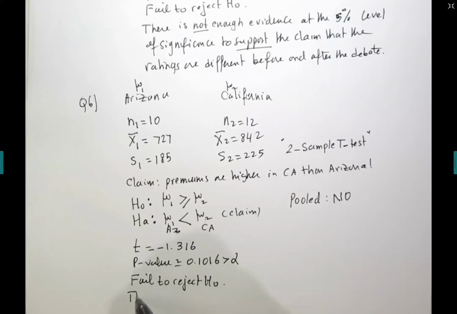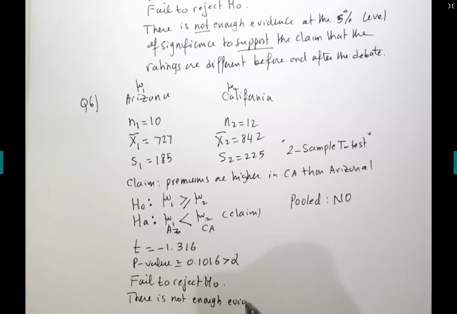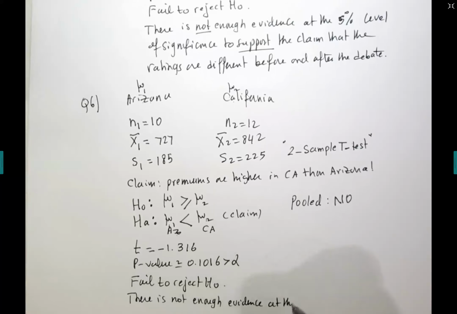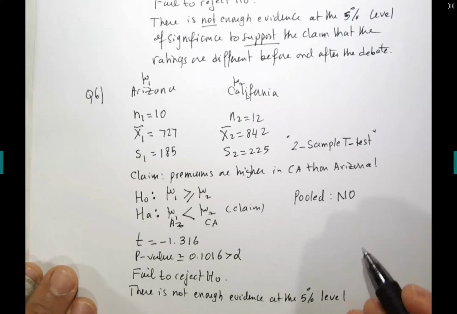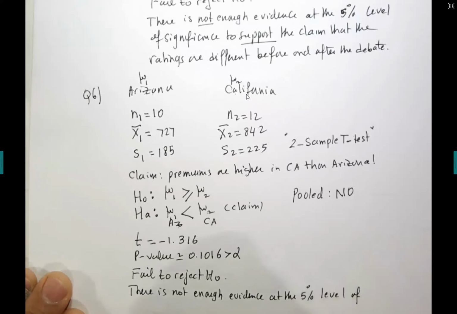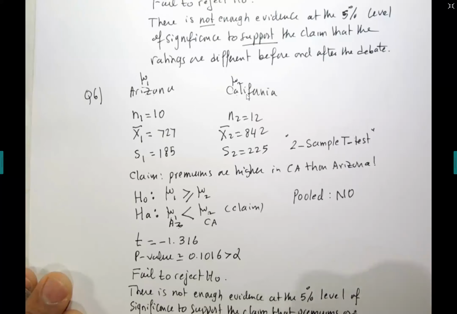There is not enough evidence at the 5% level of significance to support the claim that premiums are higher in California than Arizona.